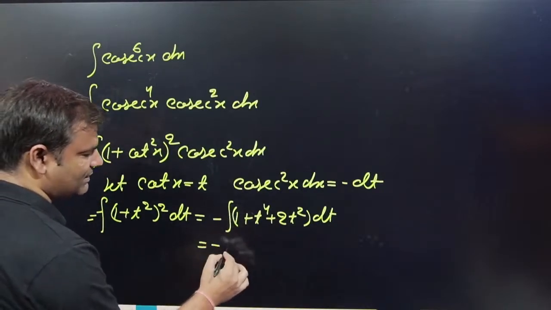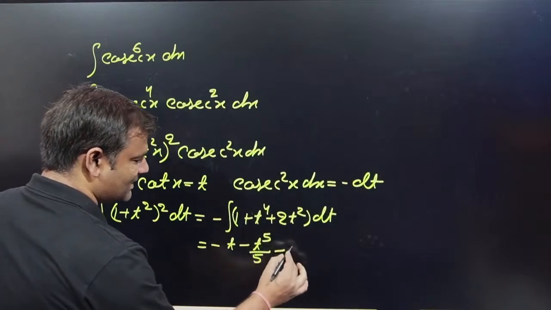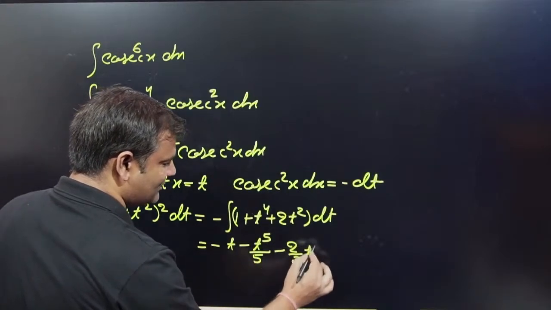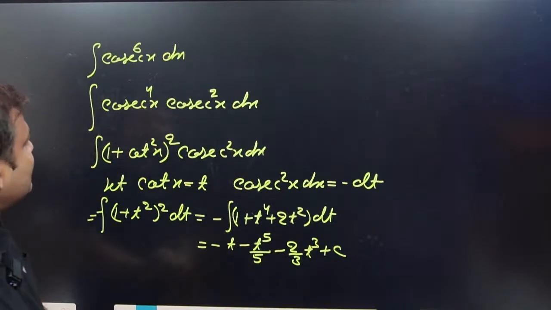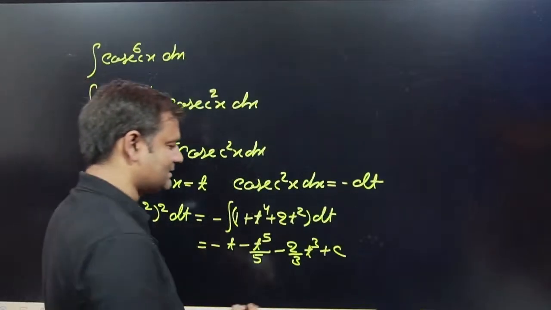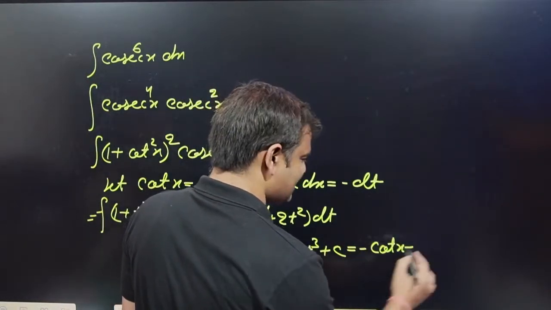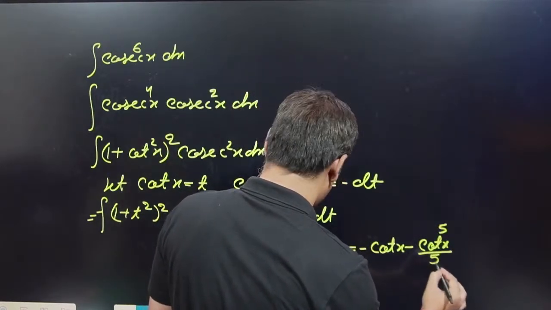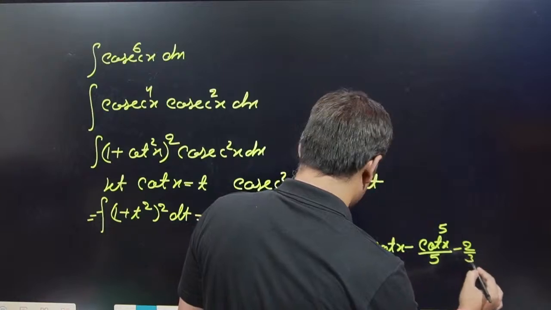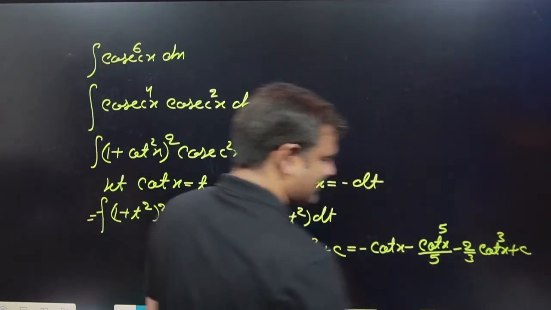So the integration is t plus t to the power 5 divided by 5 plus 2 by 3 into t cube plus c. I hope it is clear. So t is replaced by cot x. Here, it is cot x to the power 5 divided by 5 and 2 by 3 into cot x to the whole cube plus c is the right answer.